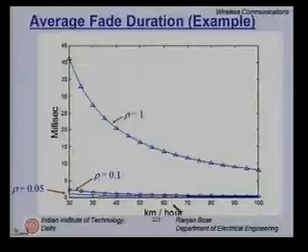Here on the x axis, I have plotted the vehicular speed in kilometers per hour. On the y axis I have plotted the average duration of fade in milliseconds. But I have taken 3 scenarios because I would like to see the effect of the threshold.